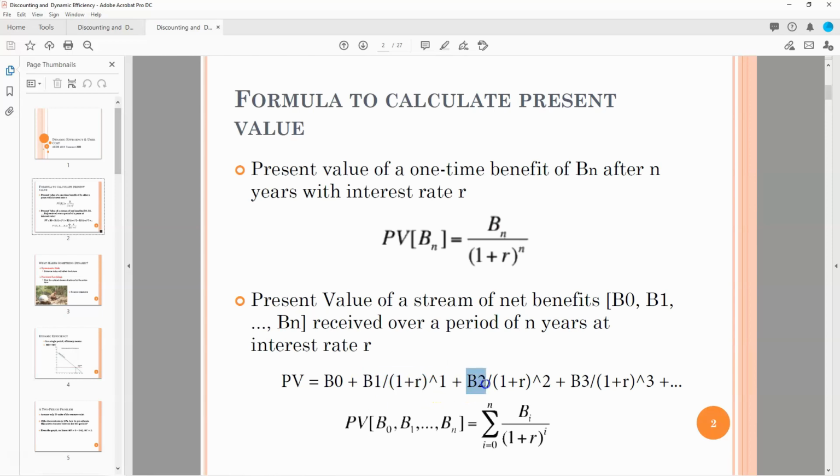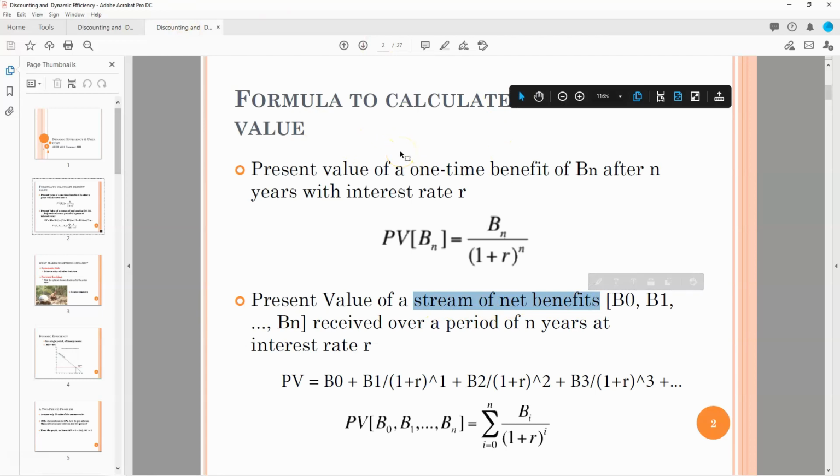And then suppose I receive B2 in period 2. Then the present value of B2 should be equal to B2 over 1 plus R to the power 2. We repeat the process over and over until we receive all the benefits in n years. That is the equation we need to use to calculate the present value of a stream of net benefits.